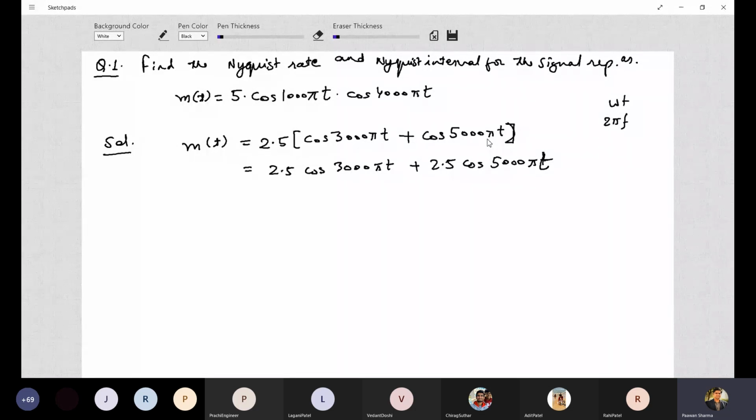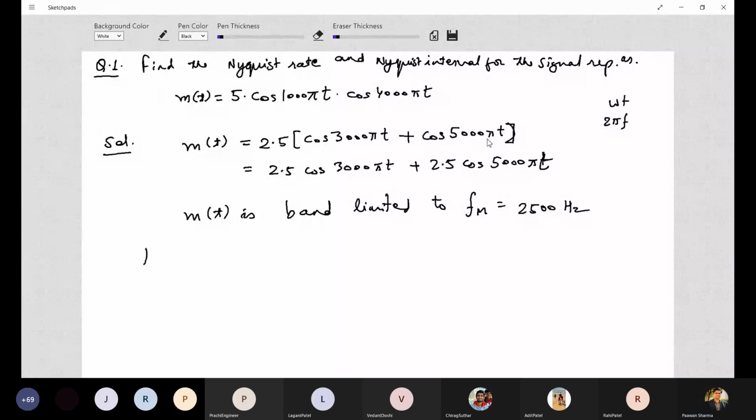So our m(t) is band limited to how much frequency? What is the maximum frequency fm? This is 2f, so fm will be 2500 hertz. So our signal is band limited to a maximum frequency of 2500 hertz.